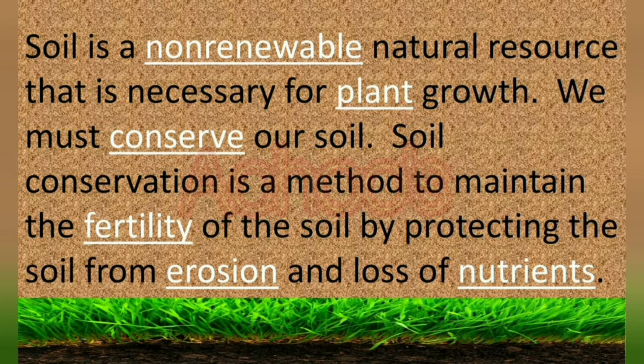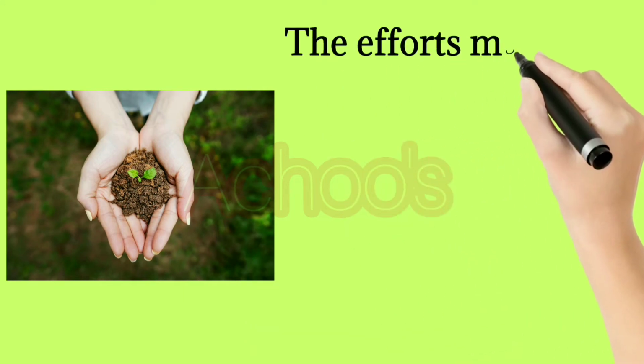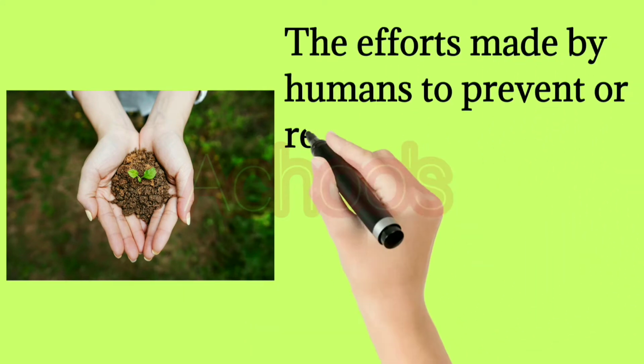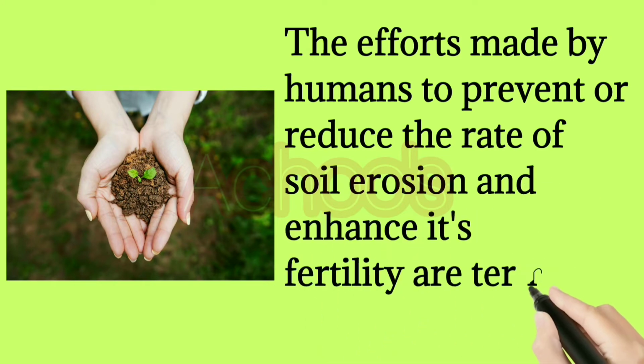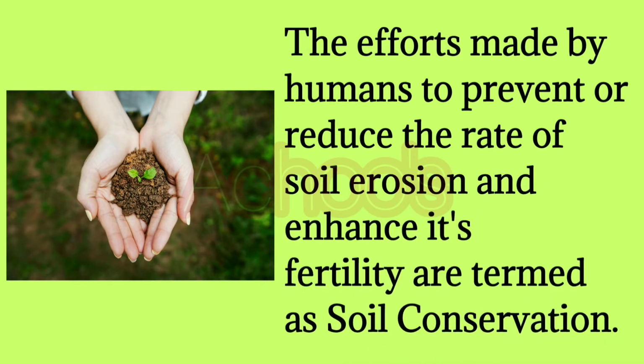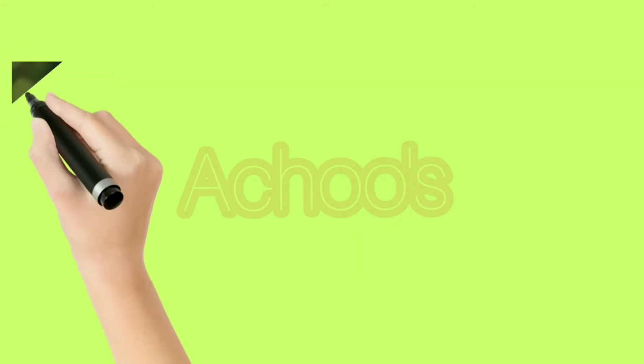Soil conservation is a method to maintain the fertility of the soil by protecting the soil from erosion and loss of nutrients. So the actual definition is the efforts made by humans to prevent or reduce the rate of soil erosion and enhance its fertility are termed as soil conservation, and it can be conserved through several methods.